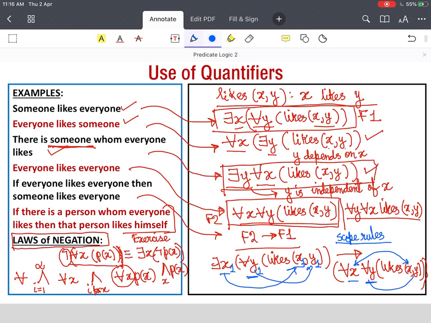Similarly, the there exists operator is the same as OR of p(x) for everything. So there exists is an OR operator, for all is actually an AND operator, and therefore De Morgan's laws hold for them.